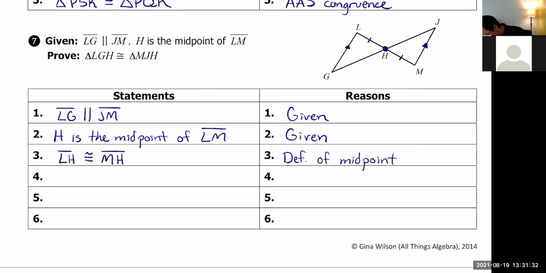Now, that was the only segment that H served as a midpoint on, so I'm probably done using this statement. That's pretty much all I can pull from it, which then leads me to go up to my first statement. Something to do with those parallel lines must be giving me enough information to go a little bit further.